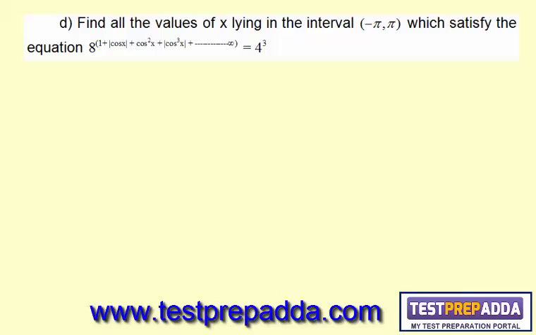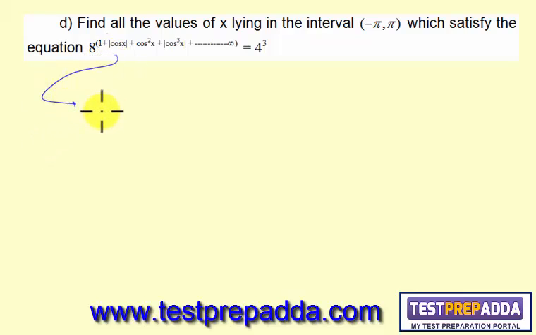Here the question says, find all the values of x lying in the interval minus pi to pi which satisfy the equation. Equation is given as e to the power 1 plus mod cos x plus cos square x plus mod cos cube x plus so on infinity is equal to 4 to the power 3.